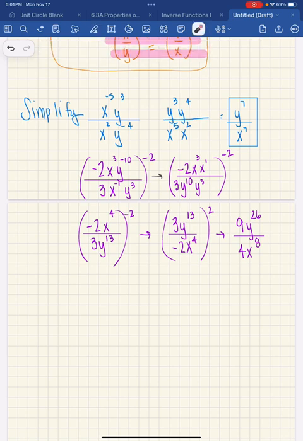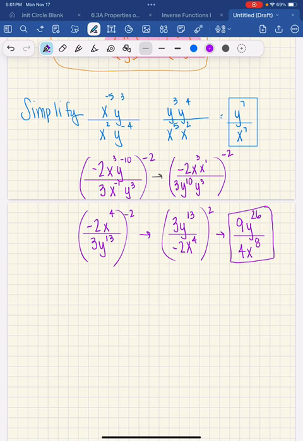Notice I didn't square the 13. That's not 169. I did not square the 4. Multiply 13 times 2, 26. 4 times 2, 8. That is the answer.